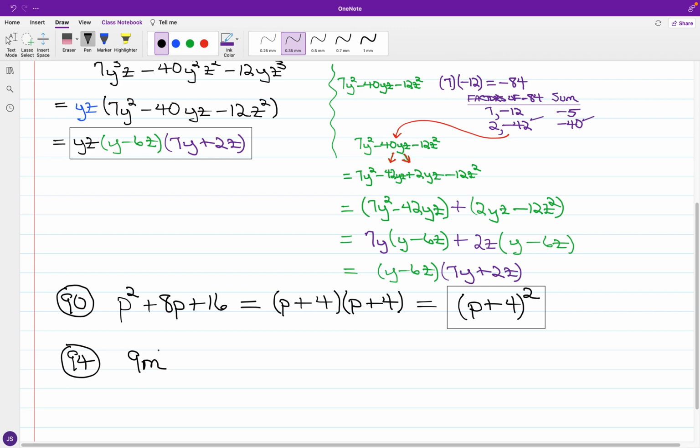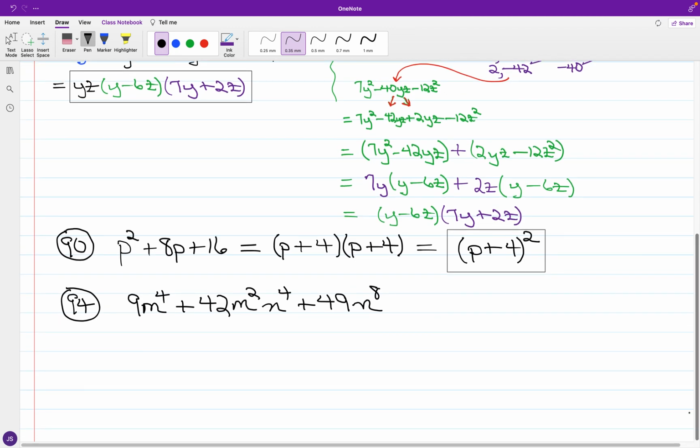In 94, here we have the expression in the letters m and n. And we have for this trinomial 9m to the 4th plus 42m squared n to the 4th plus 49n to the 8th.